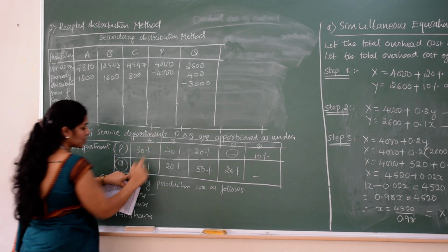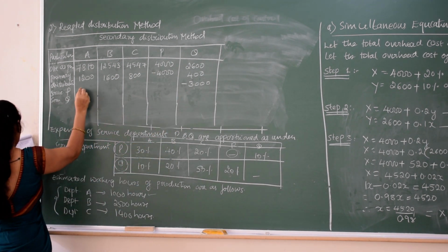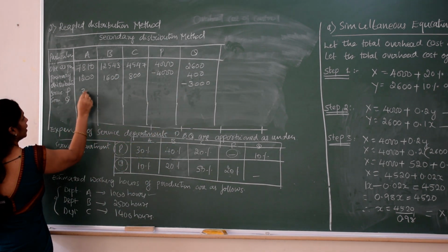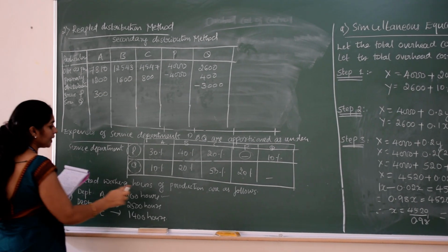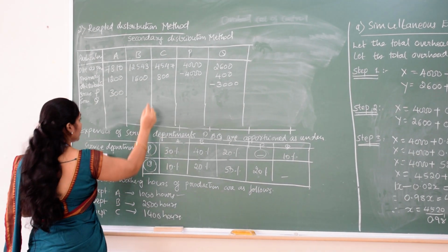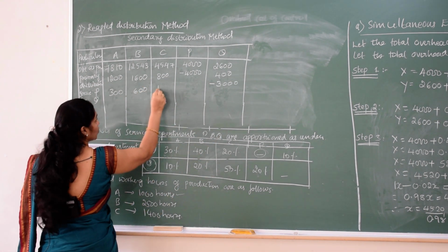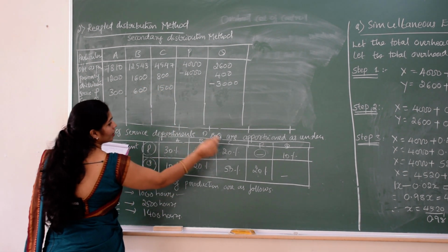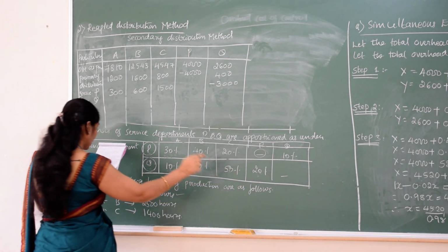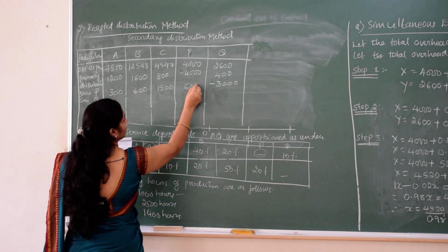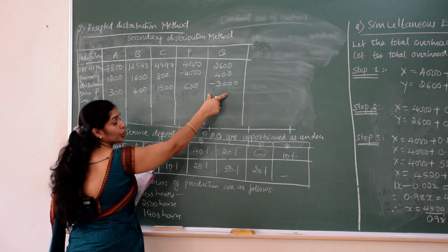So 3,000 into 10% is 300, 3,000 into 20% is 600, 3,000 into 50% is 1,500, and 3,000 into 20% is 600. So now the value of Q is nil.